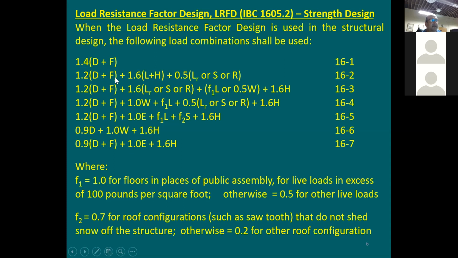Someone's going to say, how about F and H? And let's say we don't have them. So our structure does not support any of these loads. All I have is dead load and live load. Code says, try 1.4 times dead, compare it with 1.2 dead plus 1.6 times live, and take the larger of these two. This is what the code says.